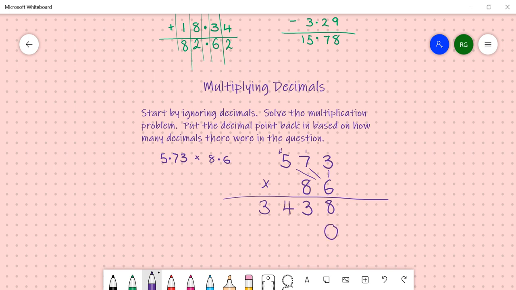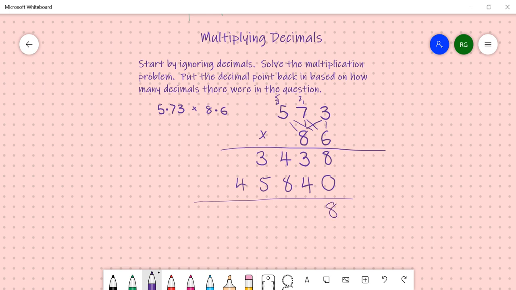Magic 0, not really very magic. 80 times 3 is 24, carry the 2. 8 times 7, 56 plus 2, 58, carry the 5. 8 times 5, 45. Now I add those together. 8, 7, 12, 49,278.